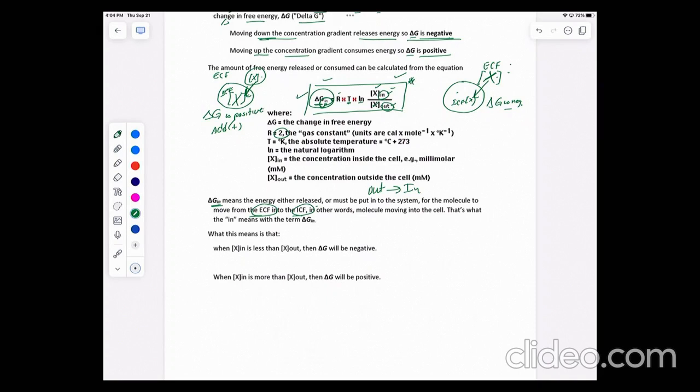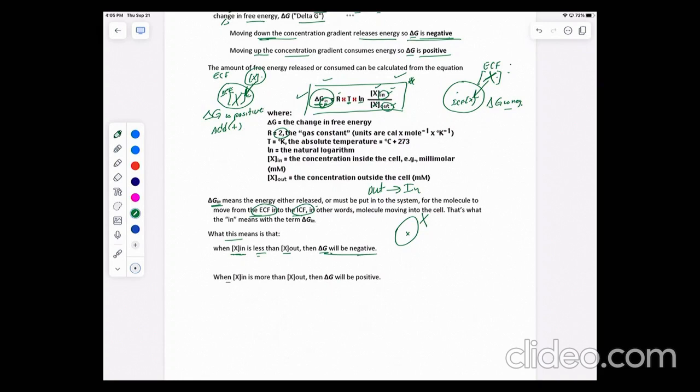So stated in another way, what this really means is when X in the cell is less than X out of the cell, delta G is going to be negative. Okay, you can draw the picture, same picture I drew earlier. So a little bit of X here, big X there, delta G is negative.